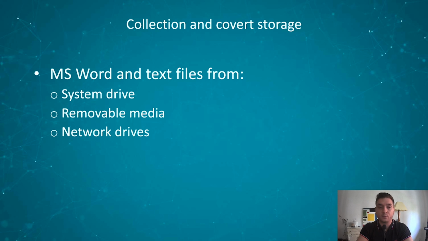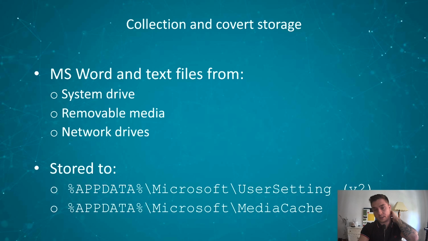It will search for Microsoft Word documents and text files from the system drive, removable media, and network shares. The found files that Ramsay attempts to collect will first be stored in a preliminary collection directory.